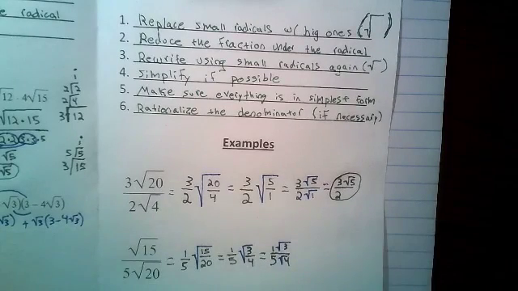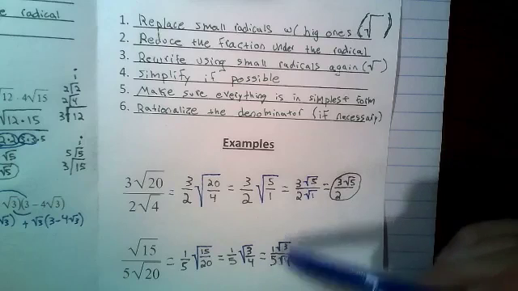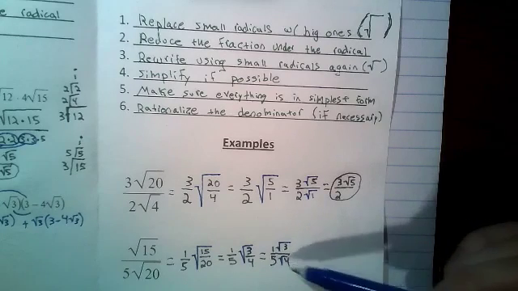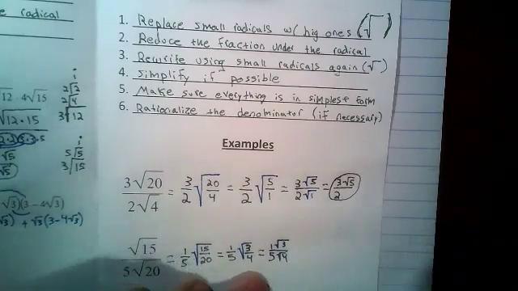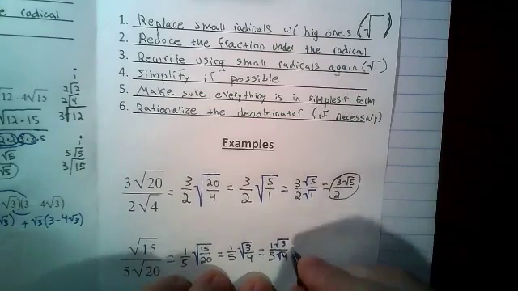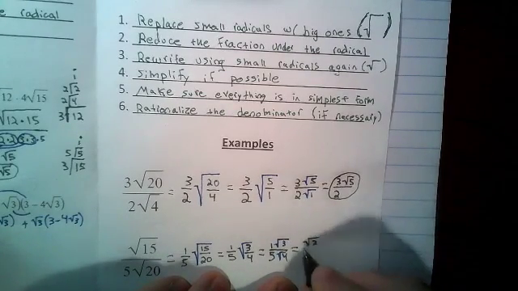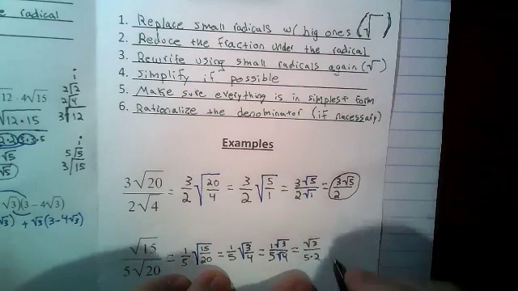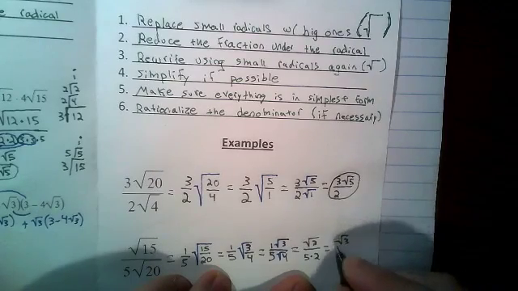Now simplify if possible. 1/5 can't be simplified. Square root of 3 can't be simplified. But the square root of 4 is 2. So I can simplify this as the square root of 3 over 5 times 2, which is the square root of 3 over 10.